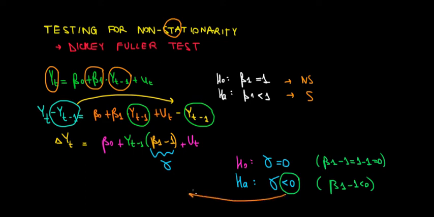So we're going to take the difference of gamma that we estimate in our sample and the gamma under the null hypothesis, which is 0, divided by the standard error of gamma. It's a regular t-test.